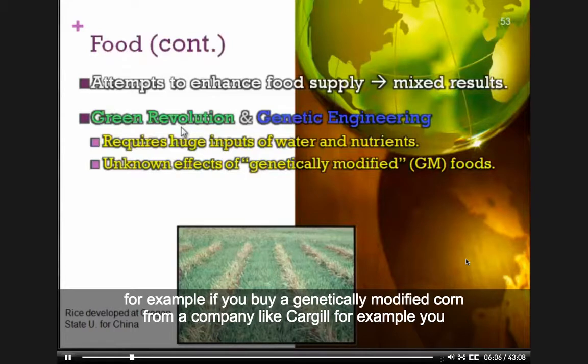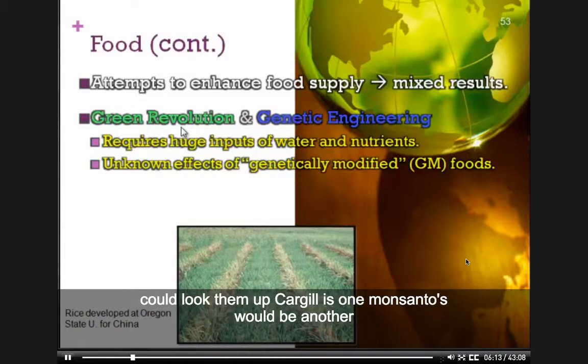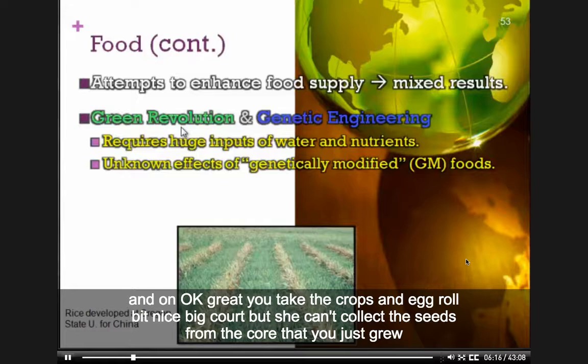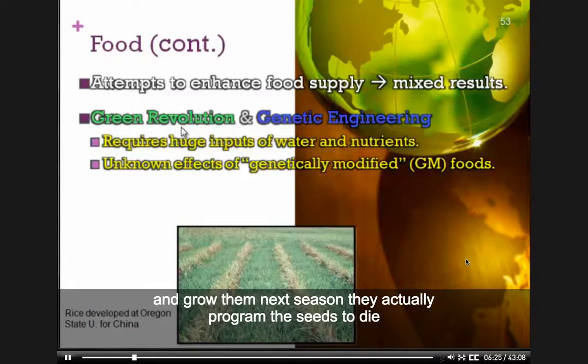For example, if you buy genetically modified corn from a company like Cargill, you can look them up, Cargill is one, Monsanto would be another, and okay, great, you take their crops and they grow nice big corn, but you can't collect the seeds from the corn that you just grew and grow them next season.